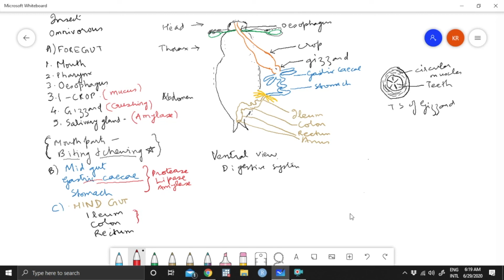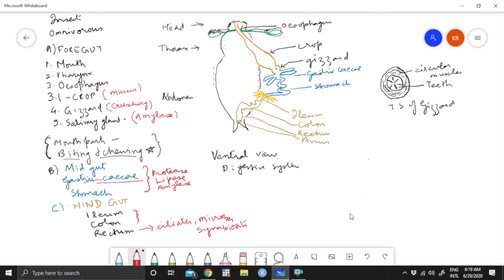And in the last part, in the rectum, there are many ciliates, protozoans, as well as microorganisms, ciliates and microbes. These are symbionts which are living inside the rectum.